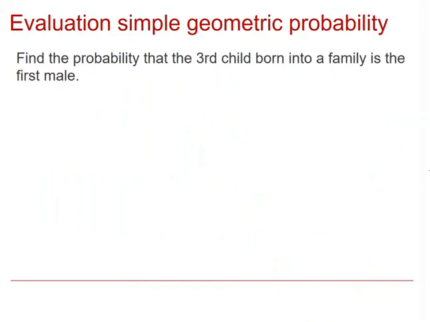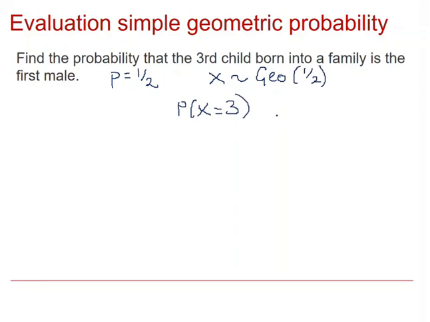So if we just look at a simple example here, just one probability, and find the probability the third child is the first male. So the probability of a success is going to be 1/2, and therefore the variable involved is going to be geometrically distributed with probability a half, and we want to work out the probability that x equals 3, that we need to get to 3 children before we have our first success, our first male.